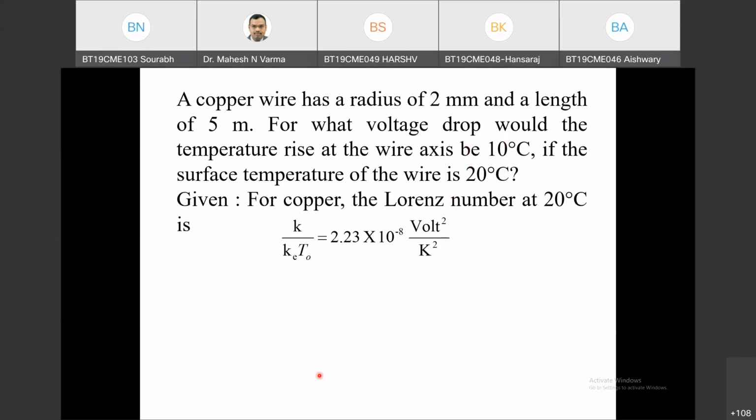Harshvardhan, what is the maximum temperature? We will find that using T max minus T naught equals S C R square by 4K. What will be T max minus T naught? Sir, I'm calculating. T max minus T naught will be 10 degrees Celsius. So maximum temperature is 30 degrees Celsius, surface temperature is 20 degrees Celsius, so T max minus T naught is 10 degrees Celsius.